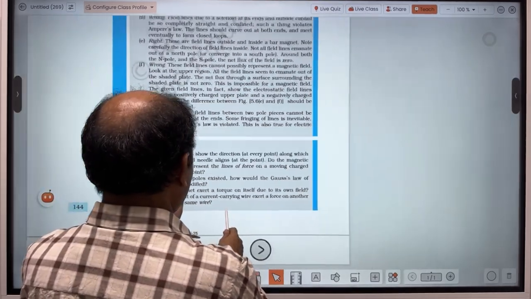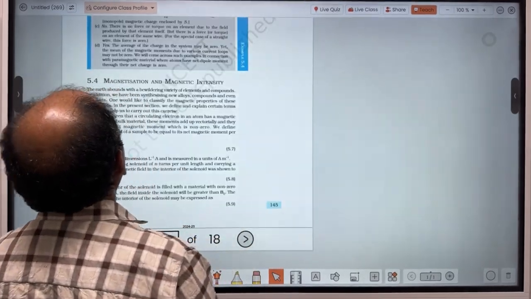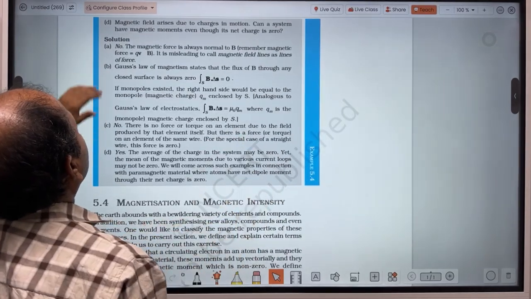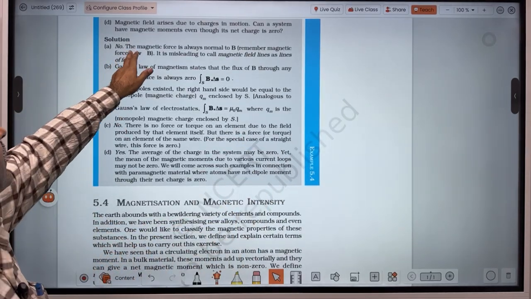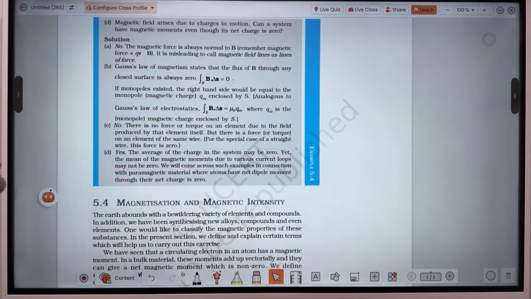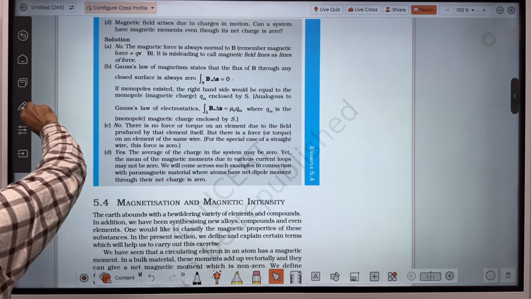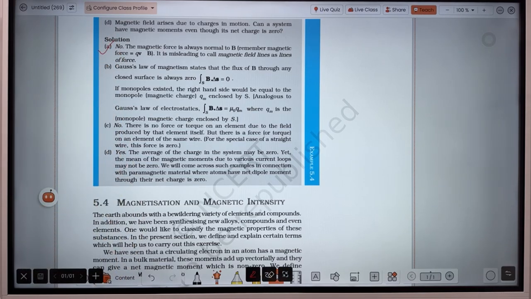This point is explained in the note, that this is not the case. The magnetic force is always normal to B. Remember, magnetic force F equals qvB. It is misleading to call magnetic field lines lines of force. This is important. You have to keep it in mind for exam purposes, right?